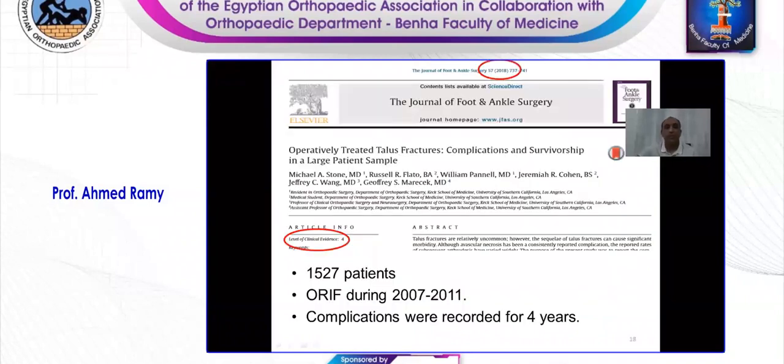When we revise the literature for talar body fractures, we have found this interesting paper. It was published in 2018, and it's level of evidence 4. And they have studied 1,527 patients. The open reduction internal fixation for the cases was done in the period from 2007 till 2011, and the complications were recorded for these cases for 4 years.